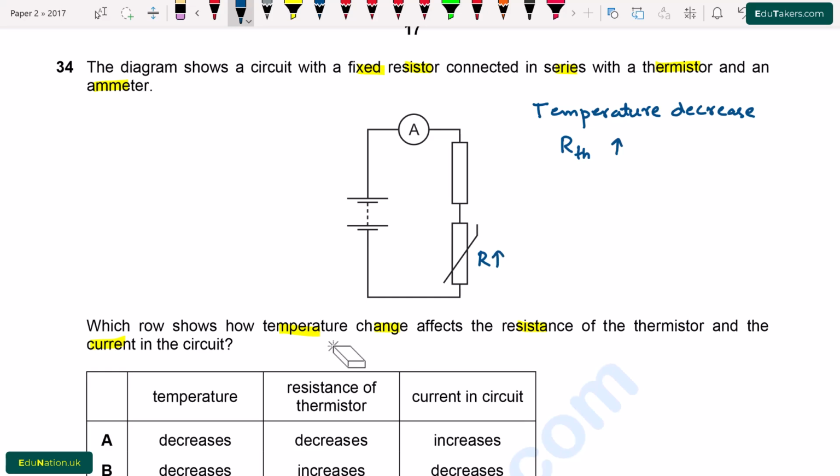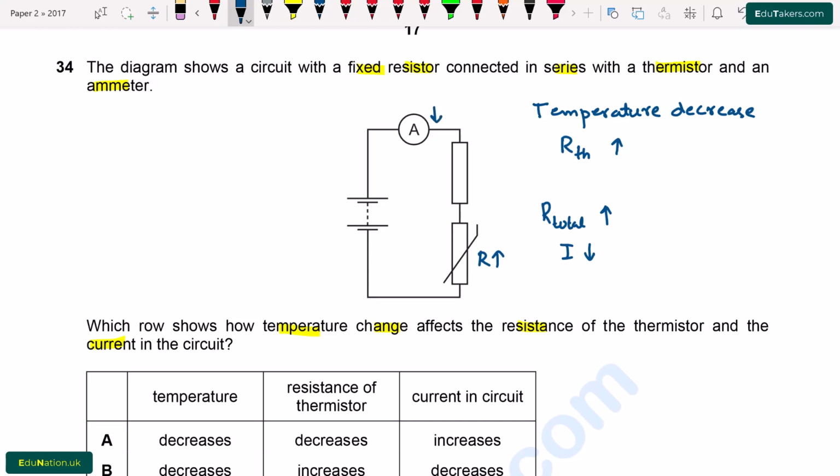By increasing the resistance of the thermistor, the resistance of the whole circuit increases. So R total will increase. As a result, the current in the circuit decreases. By decreasing the current in the circuit, the ammeter reading also decreases.